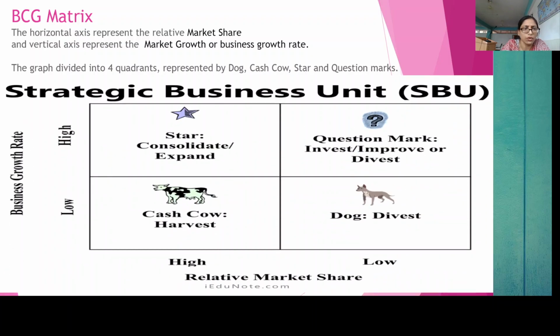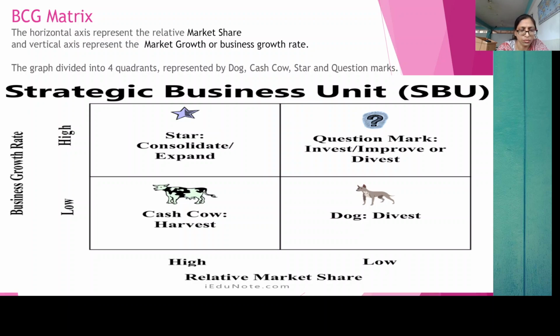So this is our matrix, which has 4 quadrants and two axes: the x-axis represents relative market share and the y-axis represents business growth.